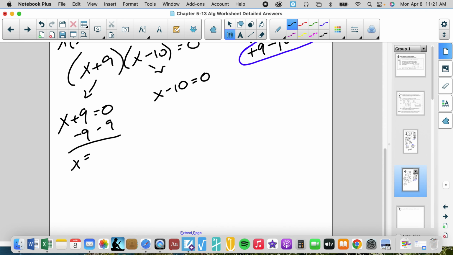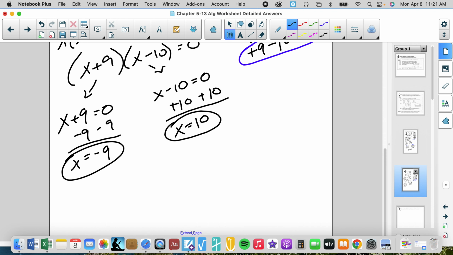A negative 9 would make the left binomial 0, and a positive 10 would make the right binomial equal to 0. So if we check them, let's check.